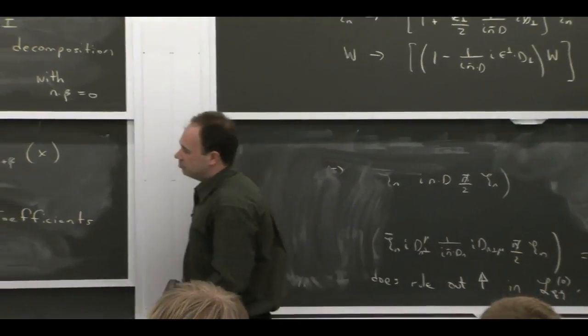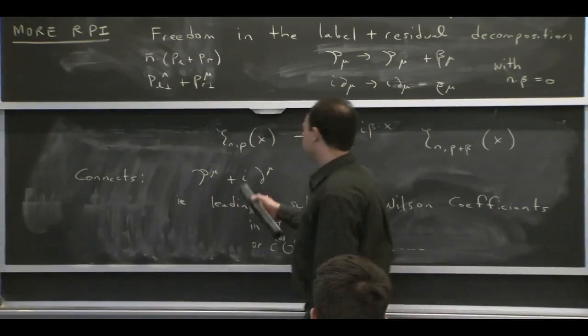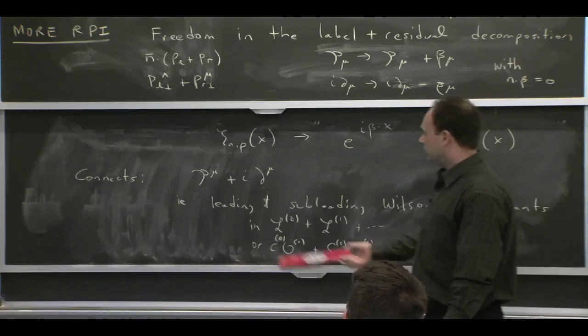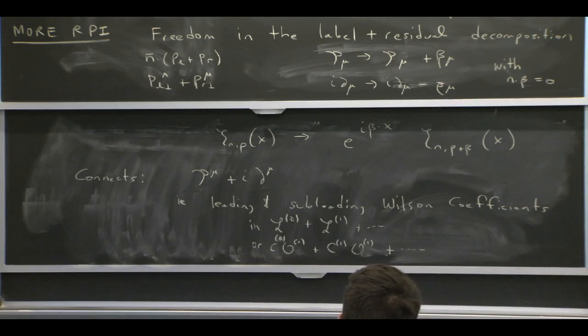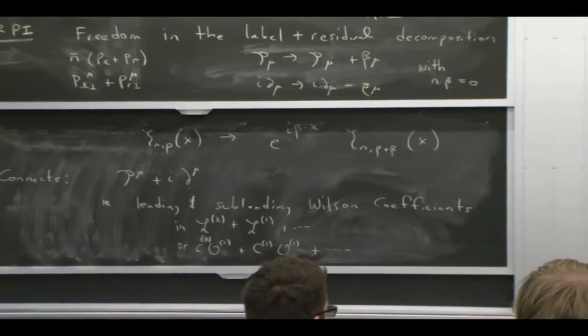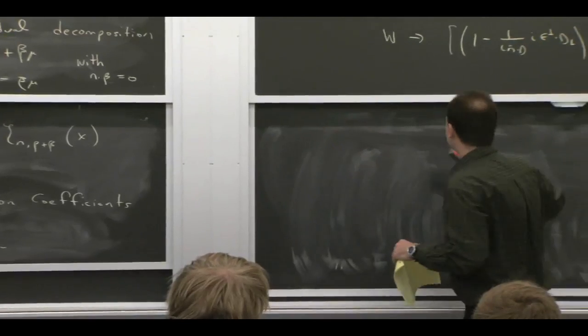So after you see that, then you should think about the following thing. Well, this is reparameterization symmetry. What did reparameterization symmetry do here? It connected label and residuals to each other. It said, well, they were both part of the same thing in the beginning, so there should be some connection later on in the effective theory, and that remains true. And it's encoded in this reparameterization symmetry.